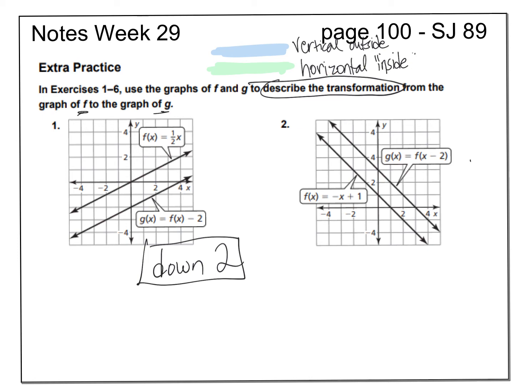And I have to remember, inside is the opposite. Outside, up or down. Inside means left or right. And when we think left, we think minus, but it's the opposite. So if we have minus, that's right units. If we have plus, that's left units. So this here tells me to move f of x right 2 units.